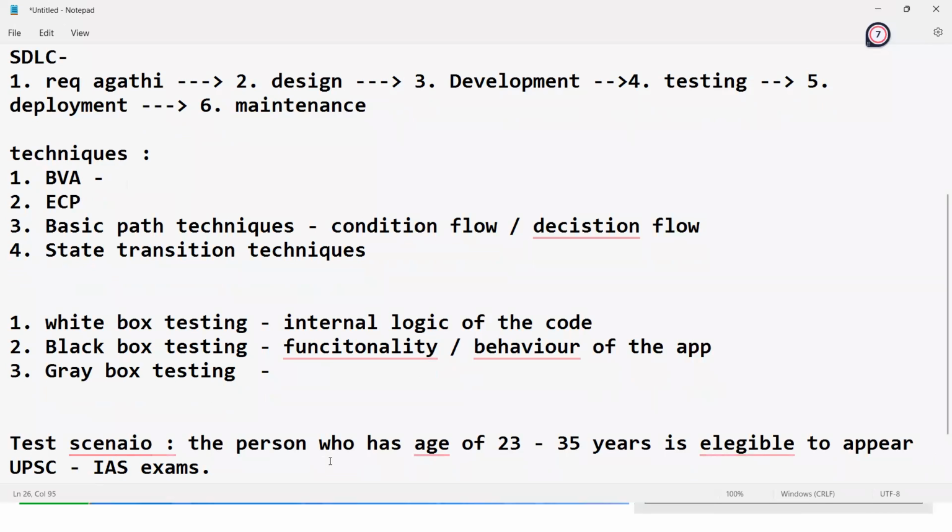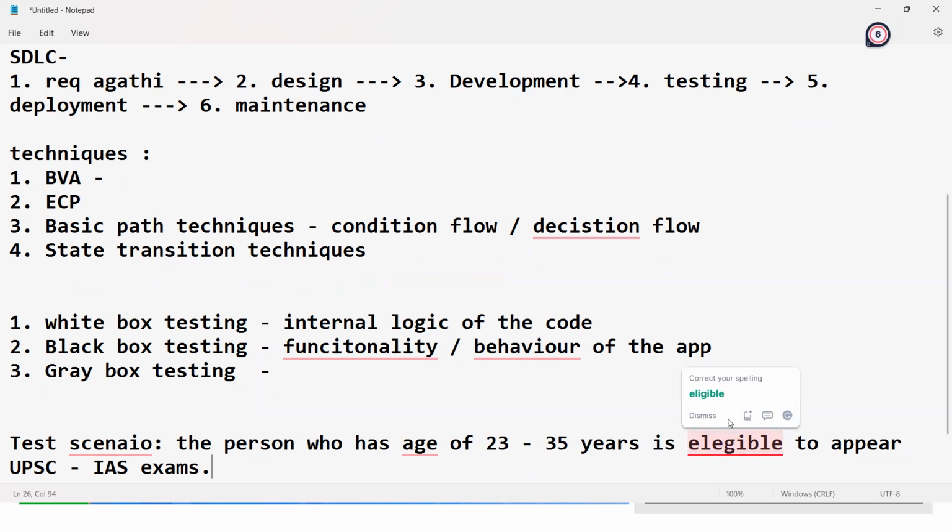This is a test scenario. It's a pretty simple test scenario. Now tell me, guys, how are you going to test this? How do you validate it? How do we validate?